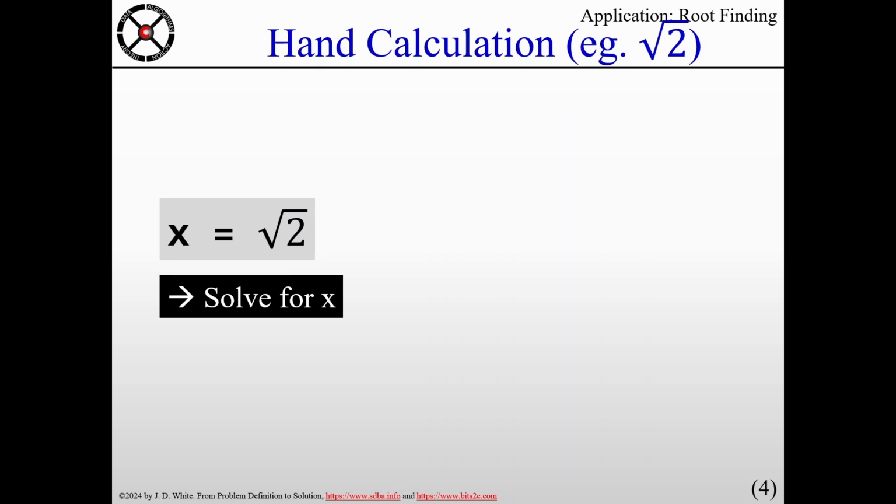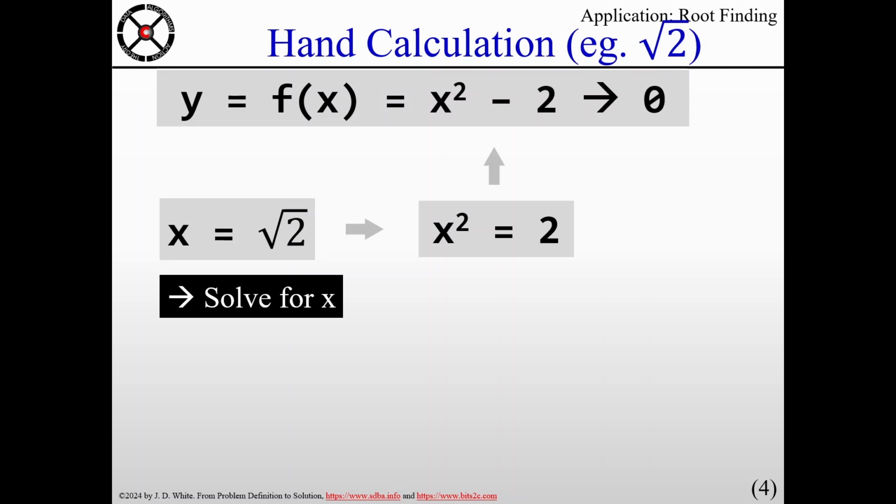From a numerical analysis point of view, when we want to do this, we now have to convert this into x squared equals 2, and then convert that into an equation, y equals f of x equals x squared minus 2, and it should be going to 0.